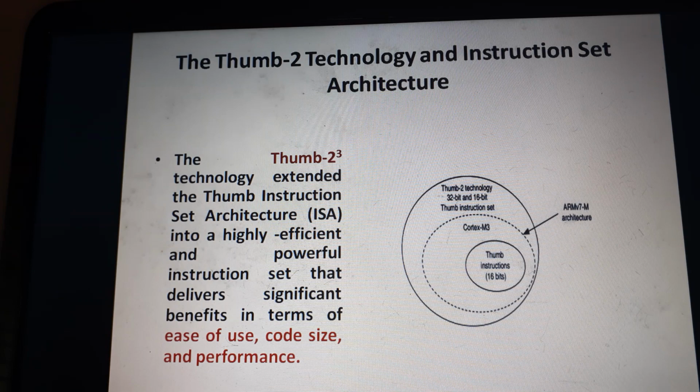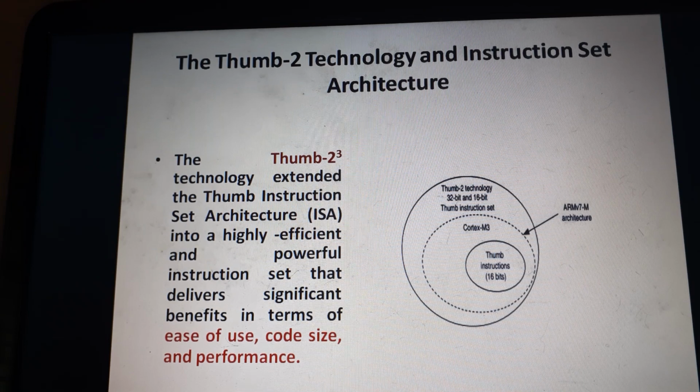So there is one bit in the flag register. That bit should be set or reset to change the state from Thumb to ARM and ARM to Thumb. So this is the way of traditional ARM processor programming.